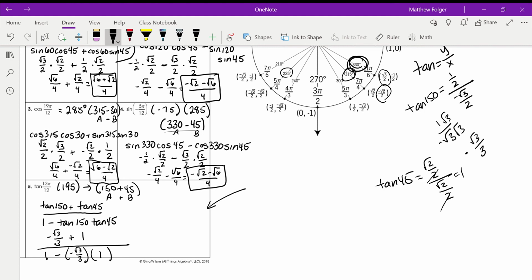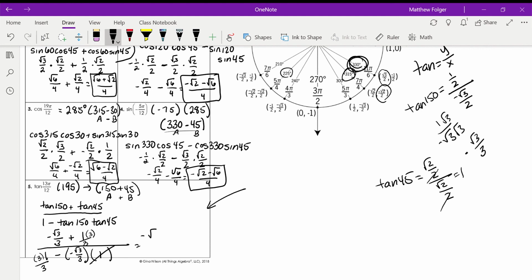All right, so now we simplify. This one I don't need the 1. Let's do a common denominator. So everything needs to go over 3. So you need to multiply top and bottom of that one by 3, top and bottom of that one by 3, and then this 1 is just multiplying by 1, so we don't have to do anything with that. So let's see what we have.